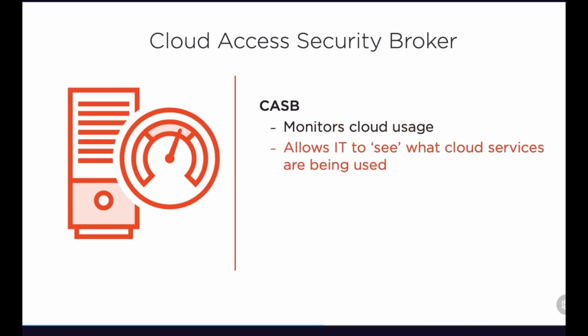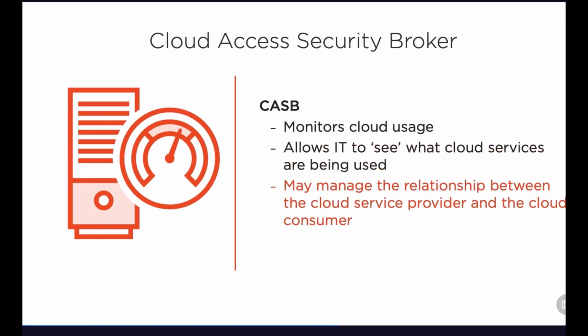So it monitors cloud usage and allows the IT department to see what cloud services are currently being used. As we talked about earlier in this course, many organizations don't even know how many different cloud services they are using.